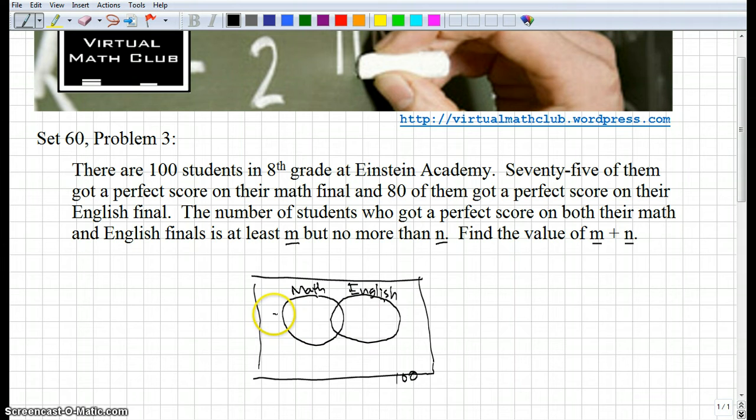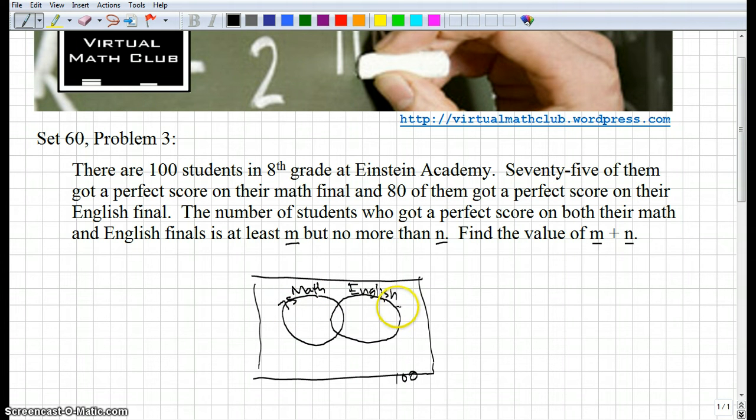We're told that there are 75 of these kids who got perfect scores on their math final. Now, some of them may have also gotten perfect scores on English, so they would fall into this intersection here. But we know 75 is the whole set of kids that got a perfect score on the math final.